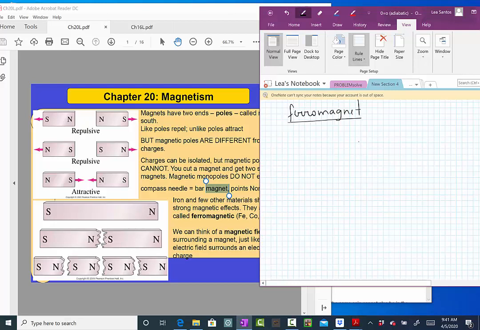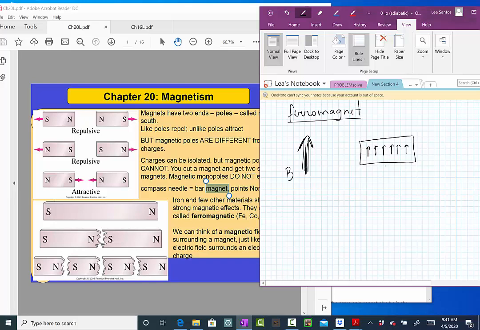What it means is, if I pick a piece of iron by itself, it's not going to behave as a magnet. But if I put this piece of iron close to a big magnetic field, what is going to happen is the spins of the electrons inside this piece of iron will get easily aligned with the magnetic field.